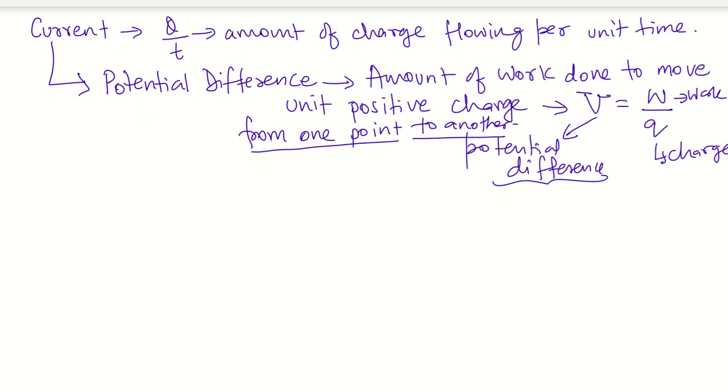Okay, so let us take an example of a cell. A cell has two ends, one positive and one negative. What does it mean? It means it has an excess of electrons at one end and a deficit of electrons at the other.